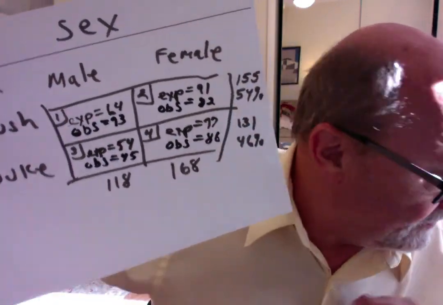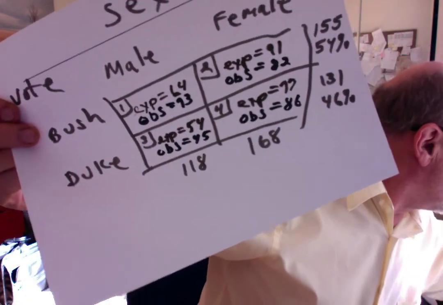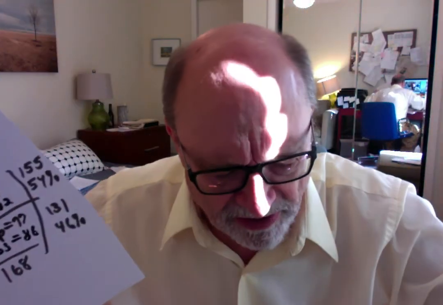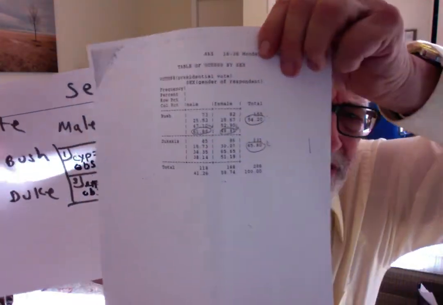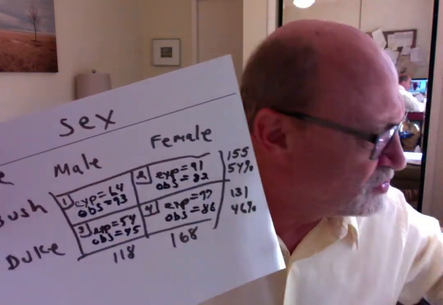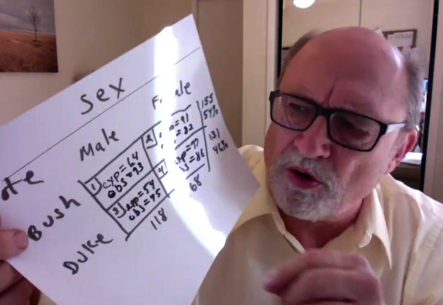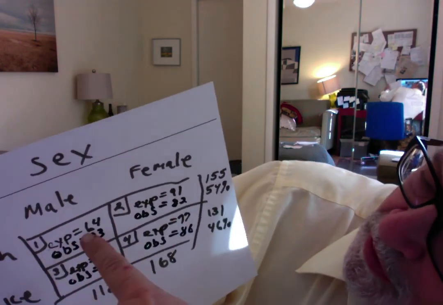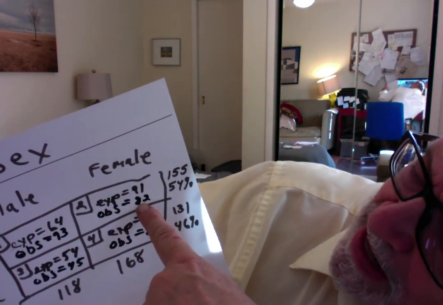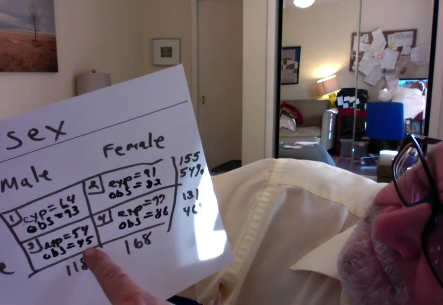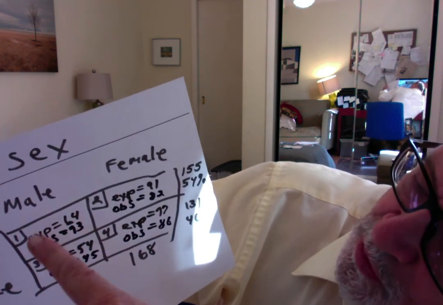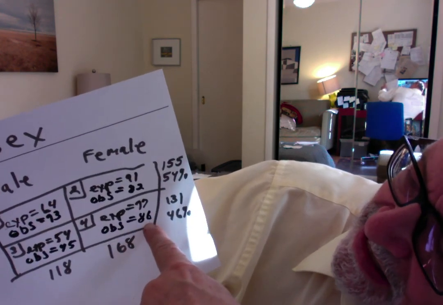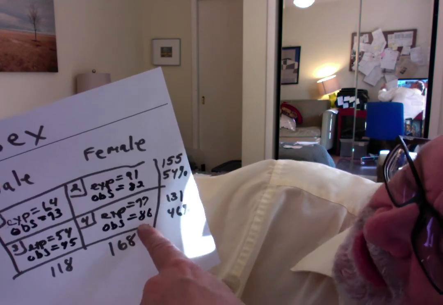I got this off of this SAS printout, where we see exactly what the observed values were when we did the study. And so we had 73 males who were Bush voters, and there were 82 females who were Bush voters. 45 males were Dukakis voters, and 86 females were Dukakis voters.